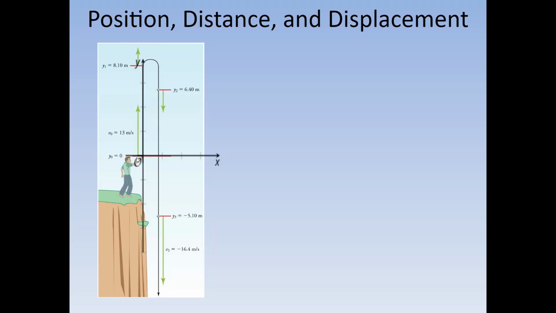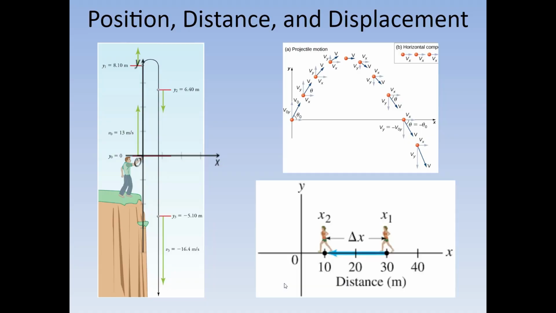So here, the initial point where the ball's being thrown up, we're saying is 0, and then when it's at this point, this would be its position, 8.1 meters. When it gets to this point, the position is 6.4, and then down here we get into the negative side. So this is the idea of position and overlaying a graph onto the scenario.